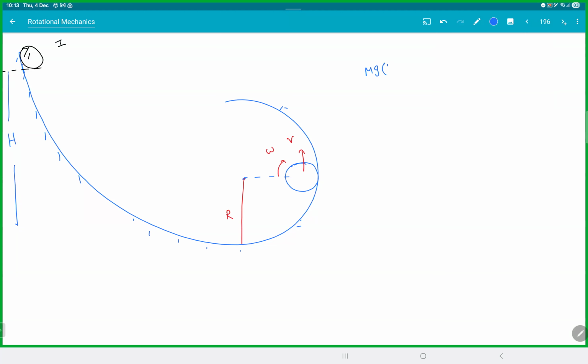So initial energy is mg h plus r, this will be mgr, plus half mv square, plus half I omega square, which is 2 by 5 mr square omega square. And it's not slipping on the floor, so v is equal to r omega. So from here you'll get v and you'll get omega. I can put the values and get v and omega from here.